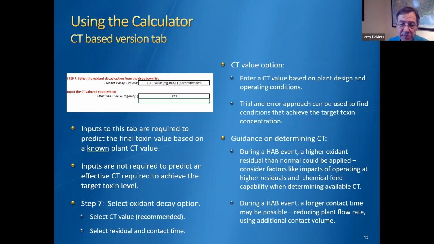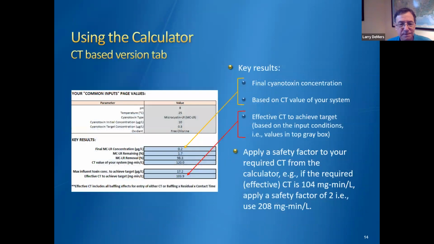Do you have the chemical feed capability to feed at those higher residuals? And then during a HAB event, longer contact times may be possible. So that might be an option to give you more CTs. So maybe reducing your plant flow might be an option. You might be able to come up with additional oxidation, additional contact volume for oxidation. So again, this is a what if scenario, thinking a bit out of the box.